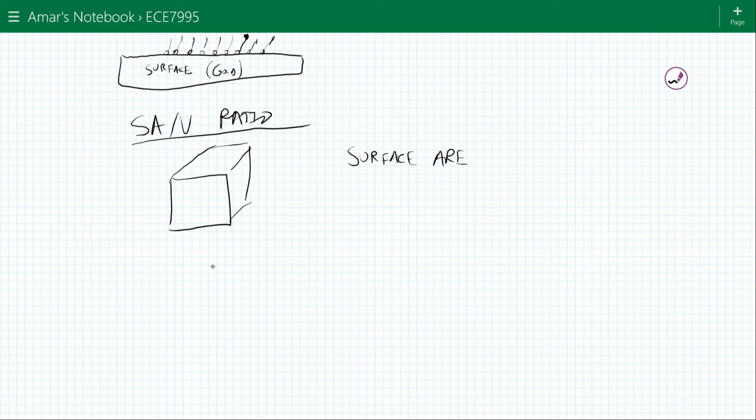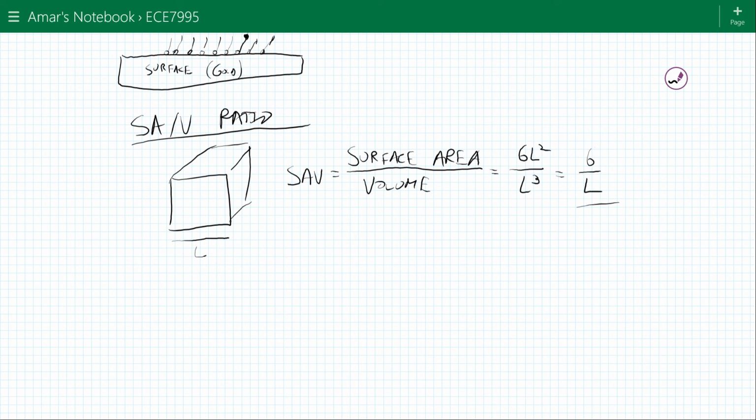We will denote this SAV: surface area divided by the volume. This has a side of length L. So we have 6L squared divided by L cubed. So it's 6 over L. This is the surface area to volume ratio. Okay.